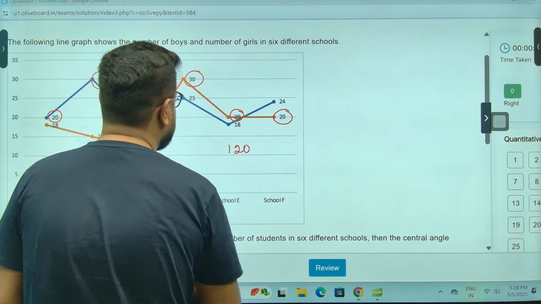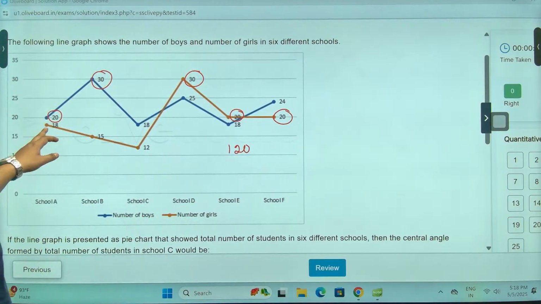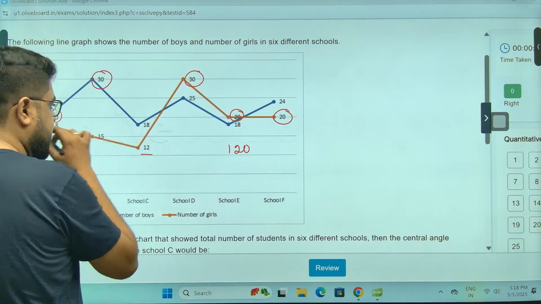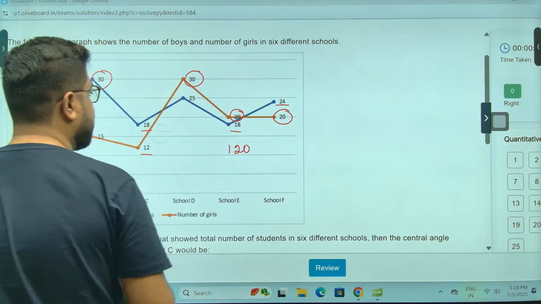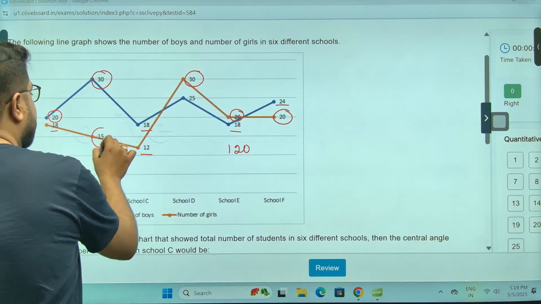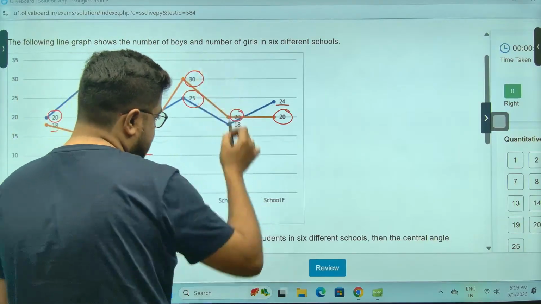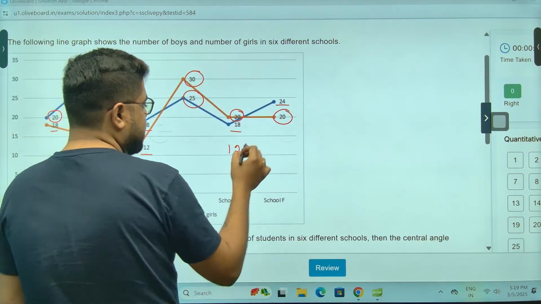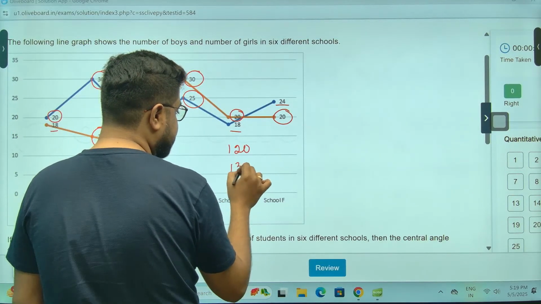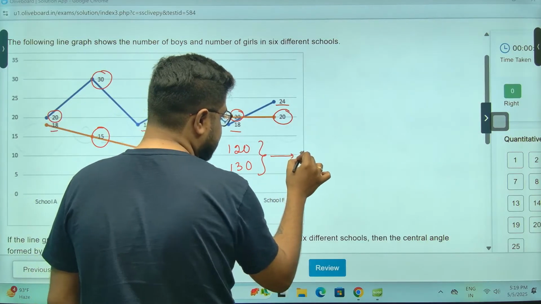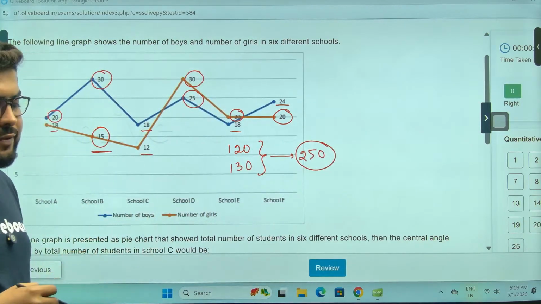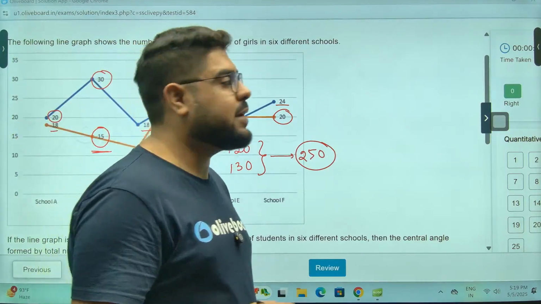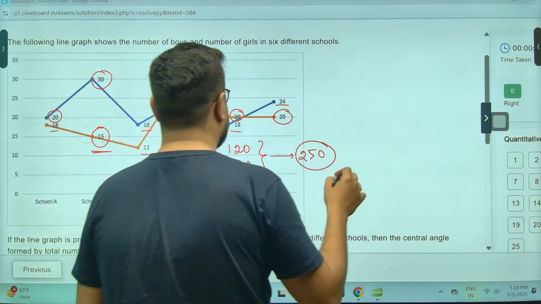That's done, sir. Now 18 and 12, 30. 30 and this is 60, 90. I left out this 15. So the total will be 130, sir, total is 250, my mistake. I had forgotten to keep this 50. Extremely sorry.